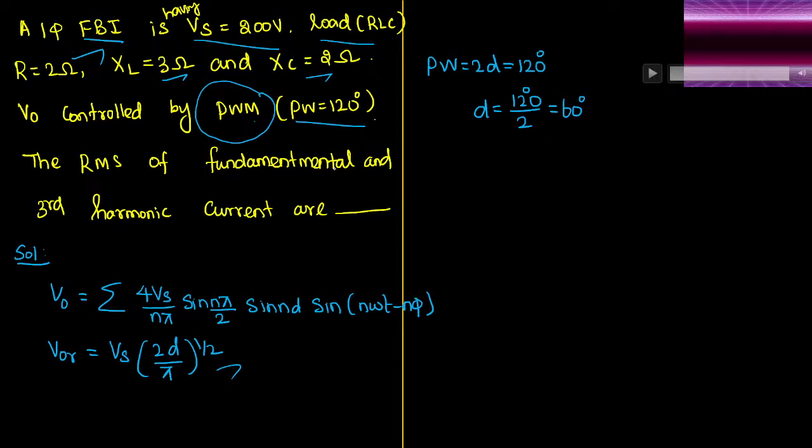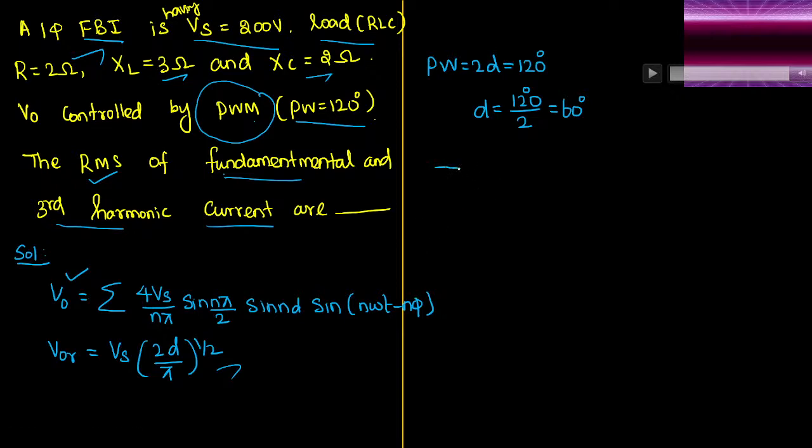Now what they are asking is the RMS value of fundamental and third harmonic current values. We know only voltage, but our basic common sense tells us, according to network theorems we studied in circuit theory or network analysis, the impedance data is clearly given at the output side, and the output voltage is also given.